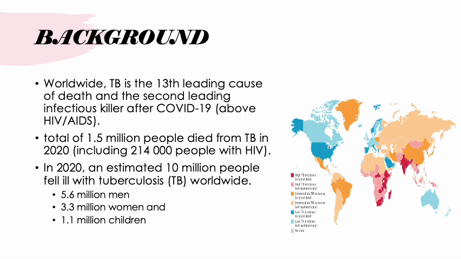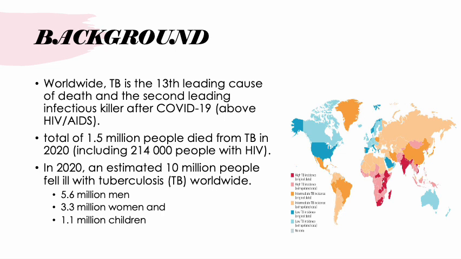Specifically, your Mycobacterium tuberculosis, which is a causative agent of the disease called tuberculosis. Worldwide, TB or tuberculosis is the 13th leading cause of death and the second leading infectious killer after COVID-19, above HIV and AIDS. A total of 1.5 million people died from TB in 2020, including 214,000 people with HIV.